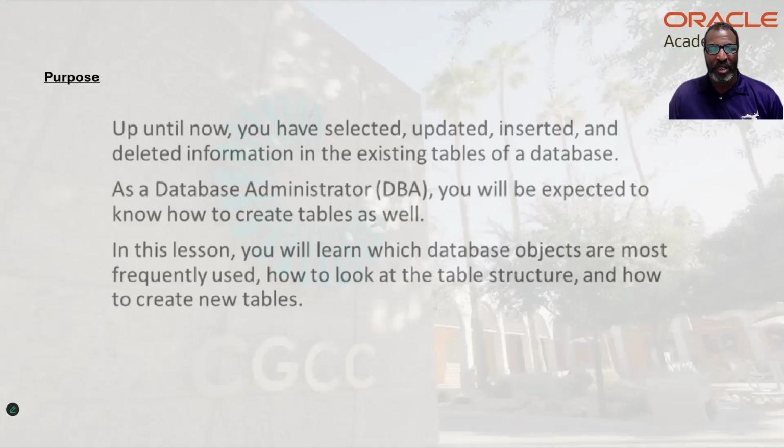So our purpose up until now, we've selected and updated specific data in existing tables. Now we're going to basically put on our DBA hat. Usually this is the database administrator that's impacting entities like tables. So we're going to learn basically what a DBA does after they've created the schema.